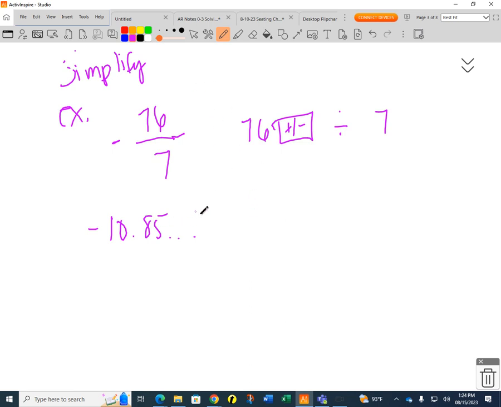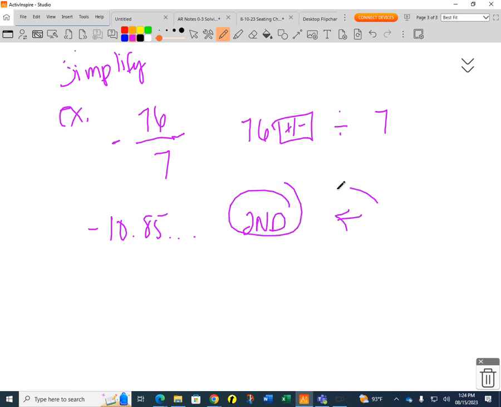Let's use the calculator to turn that into an improper fraction. Because it came from an improper fraction. Second and the arrow button.